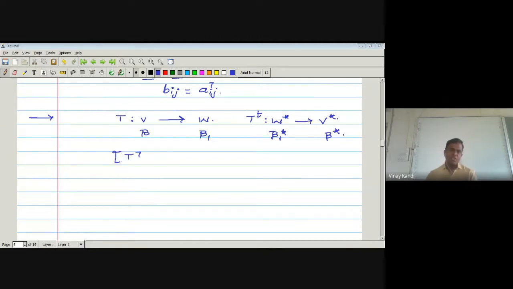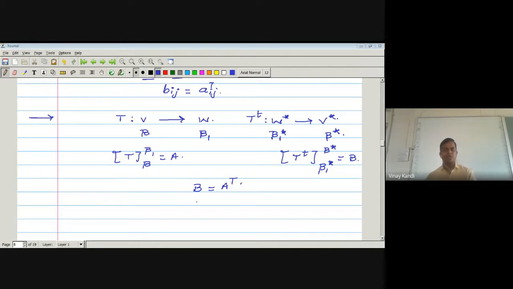Matrix of T relative to the basis beta and beta 1 is A. And the matrix of T transpose relative to the basis beta 1 star and beta star is B, and we have to show that B is equal to A transpose.